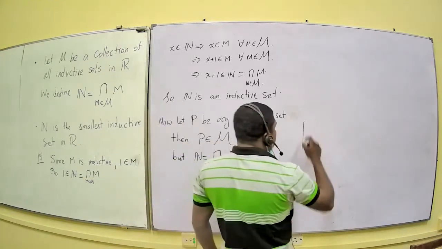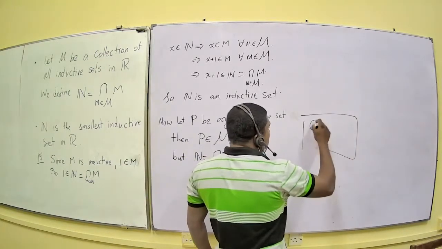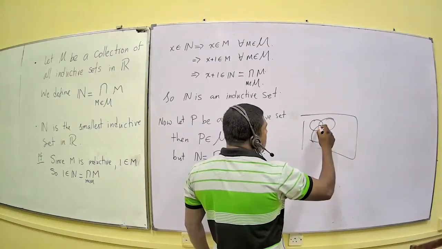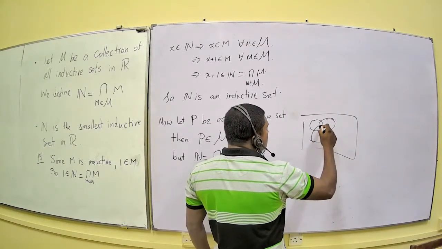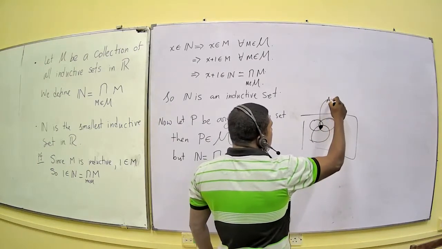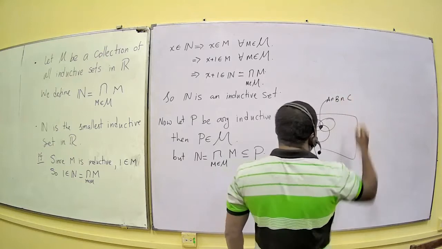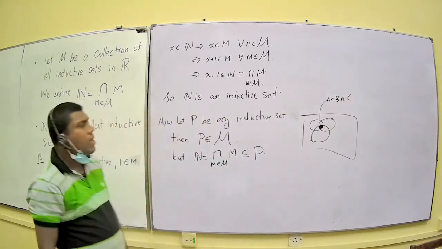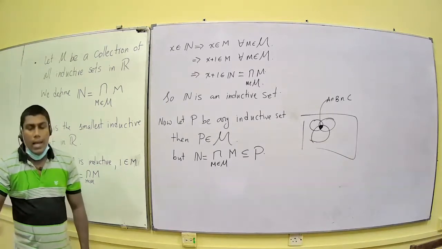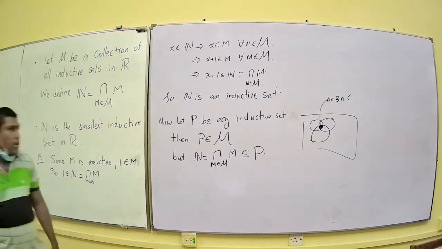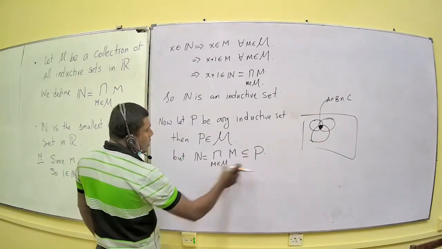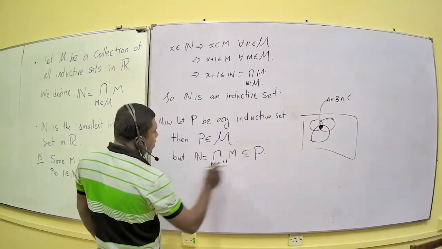If you have three sets, let's say A, B, and C, the shaded part is A intersection B intersection C. That itself is a subset of A, a subset of B, and a subset of C. So this intersection is contained in P itself.